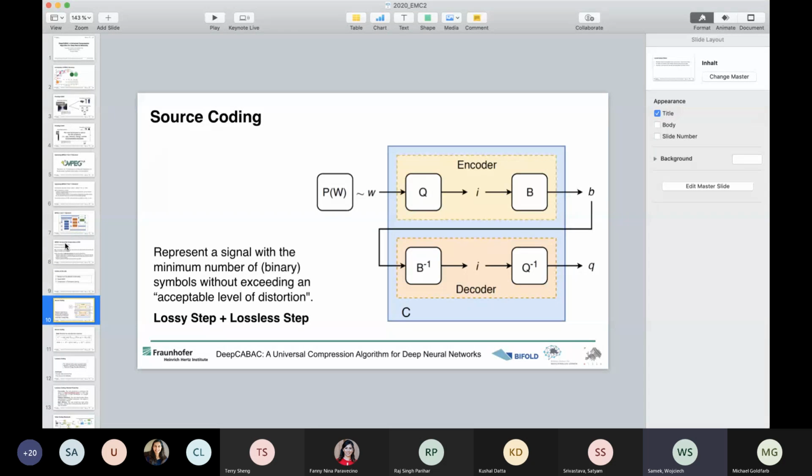Yeah, so the goal of source coding is to represent a signal with the minimum number of symbols without exceeding an acceptable level of distortion.